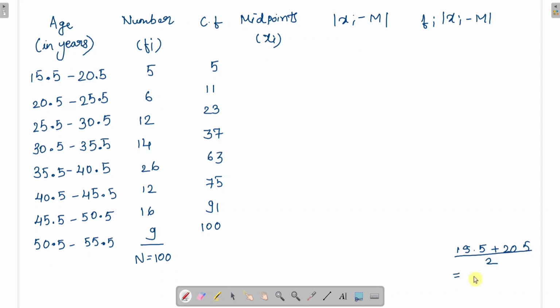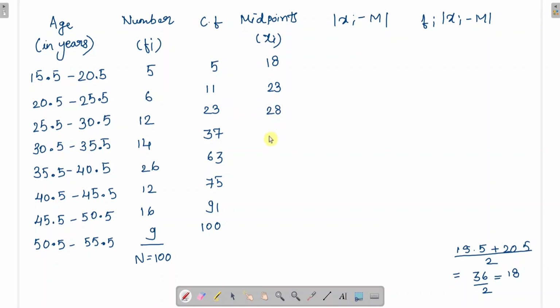So that is 36 by 2, which is 18. So first midpoint is 18, and similarly the second midpoint will be 23, right?